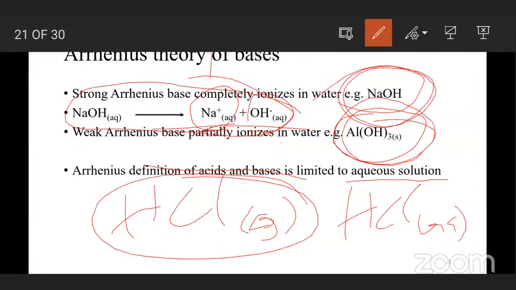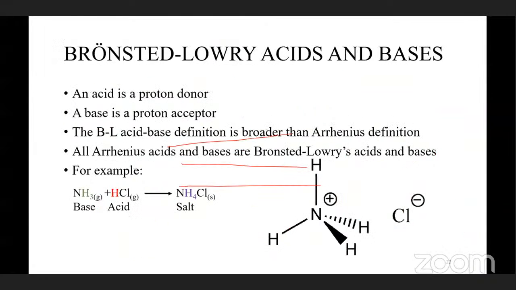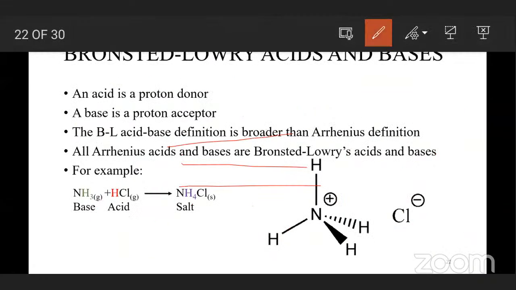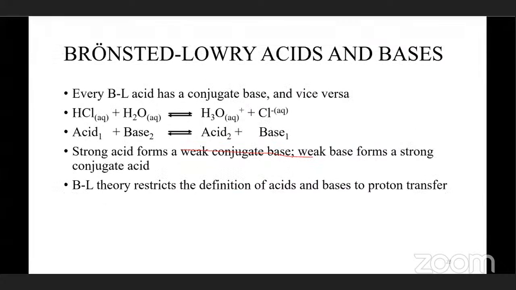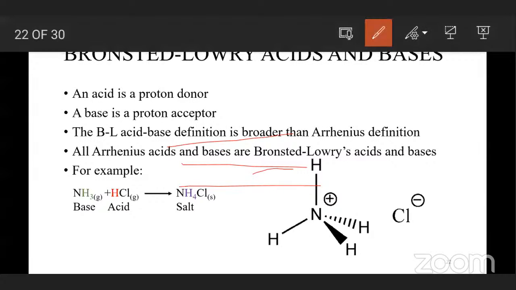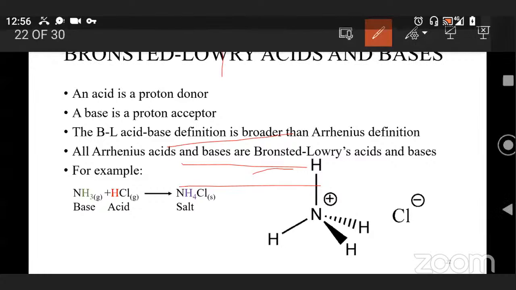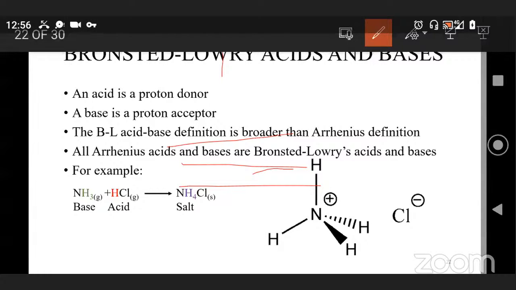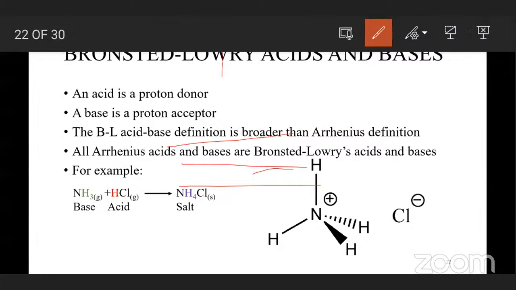Is it still not an acid? So we will need to expand the definition of acids and bases, and that is how the Bronsted-Lowry definition comes in. Because of the time, in the next class, we'll be looking at the Bronsted-Lowry definition of acid and base.